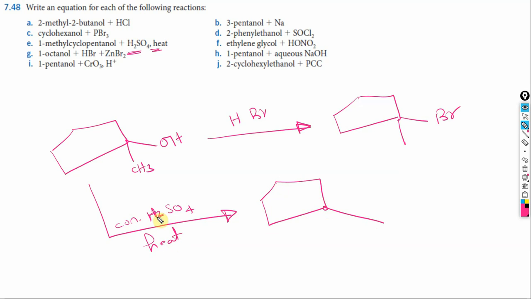That's because your concentrated sulfuric acid is going to protonate your OH, and it's going to become OH2 plus. I can just discuss this really briefly. When your alcohol is protonated, it's going to give the oxonium ion. This is a really good leaving group, especially since you have a tertiary carbon, and that's going to produce the corresponding carbocation.